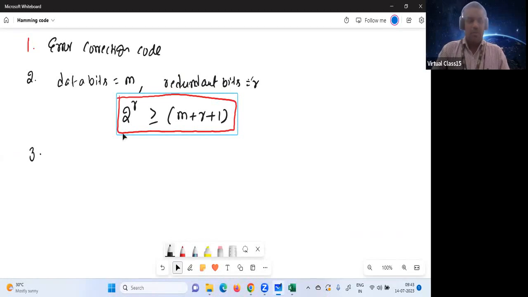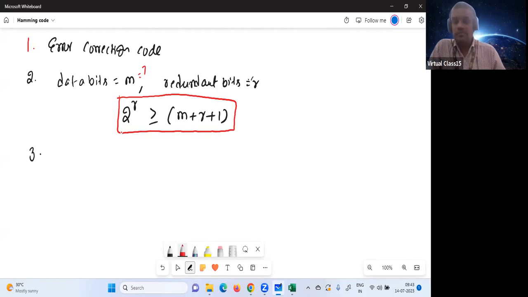Now think about m equal to 7. Can you tell me the r value? If the m value is 7, what is the r value?